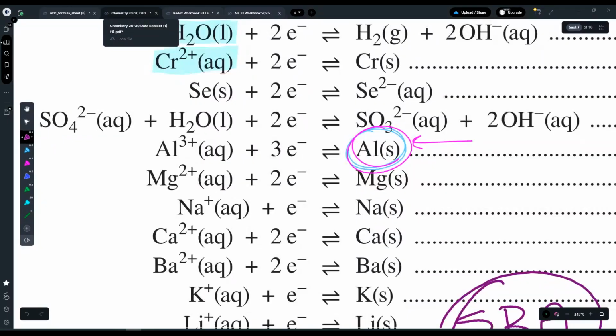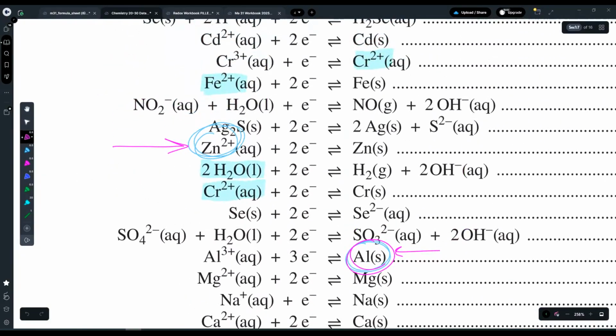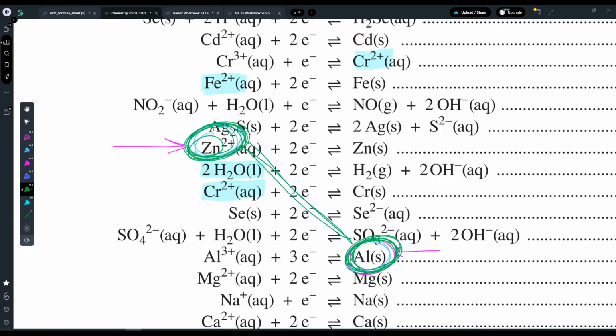Let's figure that out. Remember that the spontaneity rule says that in order for a reaction to be spontaneous, the OA must be above the RA. So if I look, my OA is right here. My RA is right here. So if we read this from left to right, my OA is above my RA.